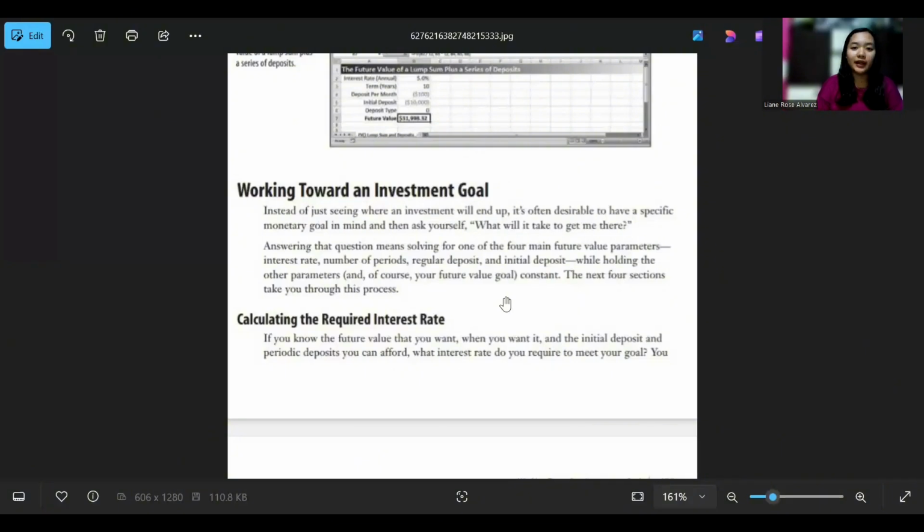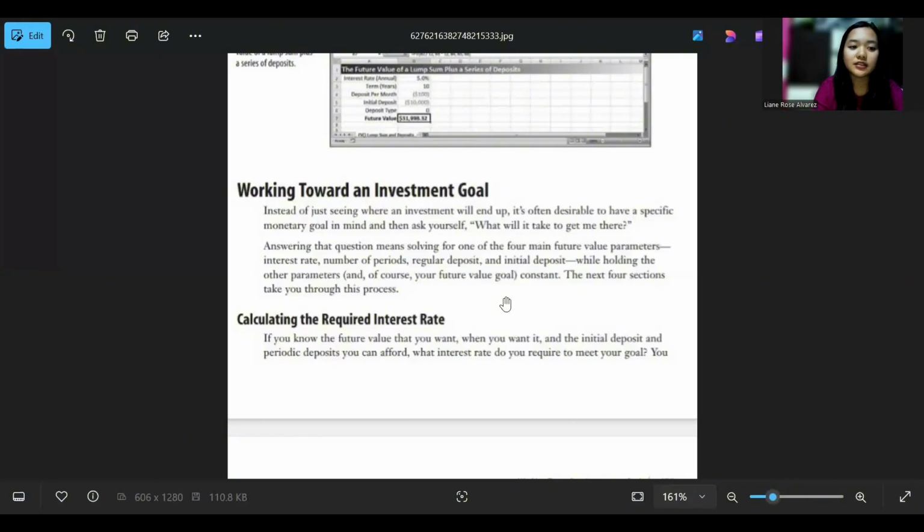It is true naman na pag nag-invest tayo, we should know what its concept is, how does it cycle, kung paano ito umiikot, kung ano yung investment na pinasukan natin. So these parameters include the interest rate, number of periods, regular deposit, and initial deposit.